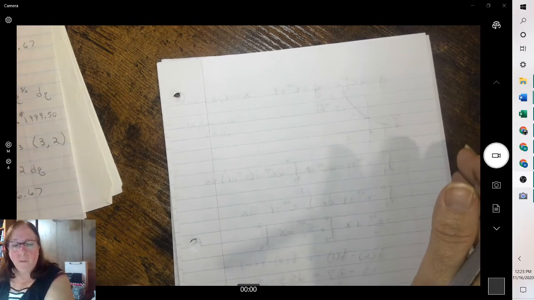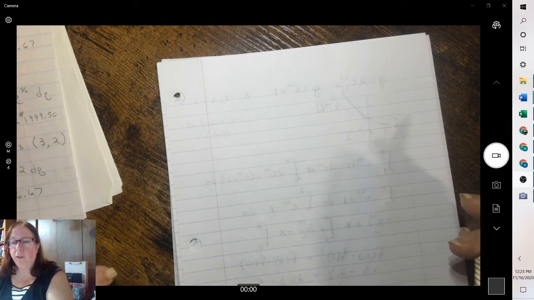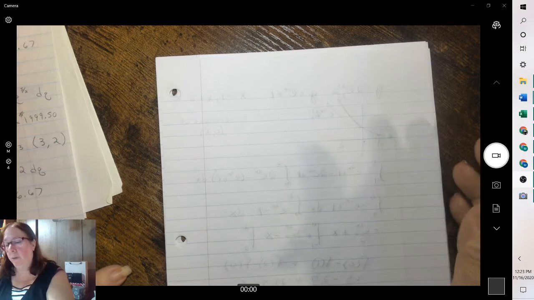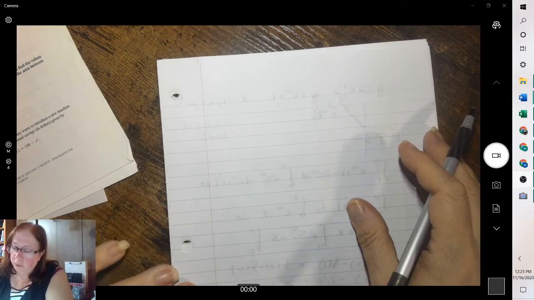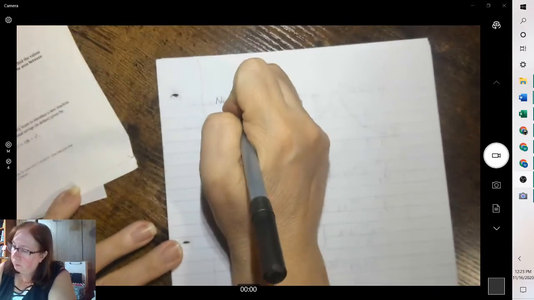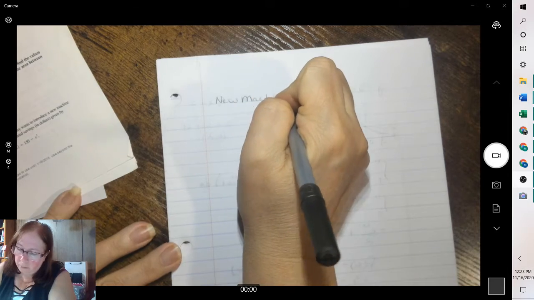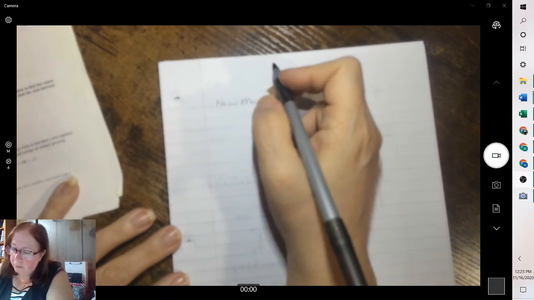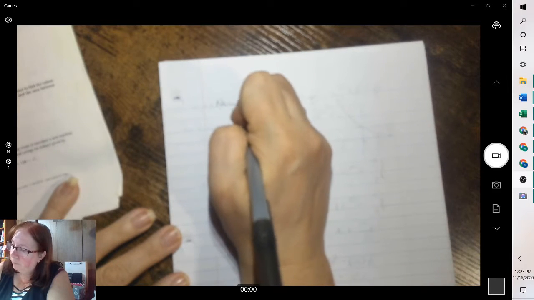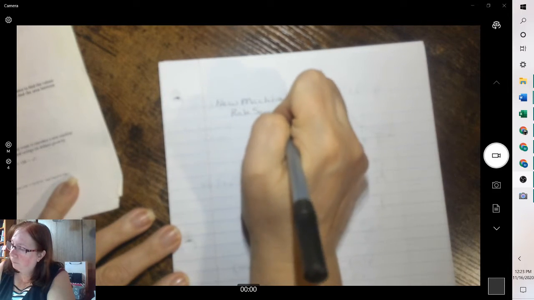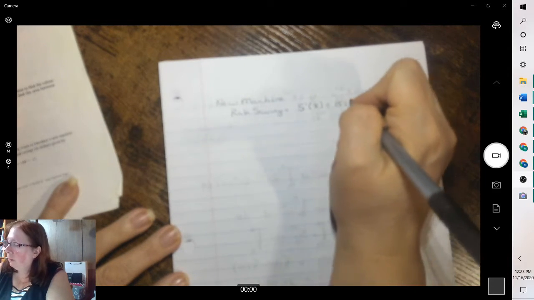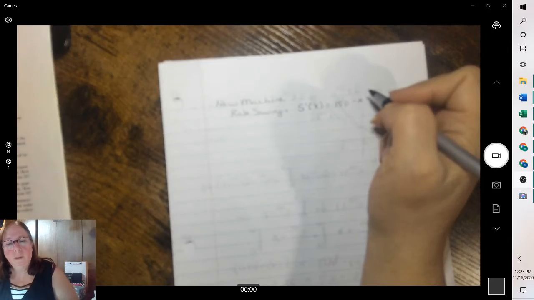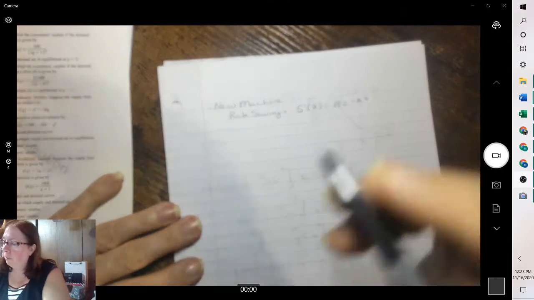So today we're going to still be doing the area between the curve, but we're going to look at application problems. And one of them states, suppose a company wants to introduce a new machine that will produce a rate of savings in dollars, S prime of x equals 150 minus x squared, where x is the number of years of service.